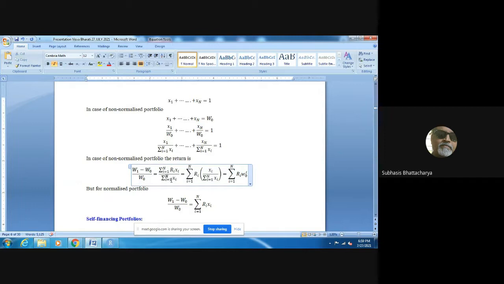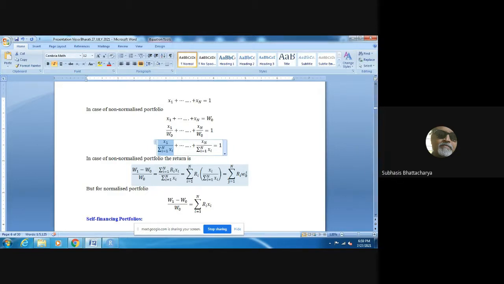Now I can write it this way: if I introduce this summation within, I write this in terms of shares, any individual's fractions, as small wi.